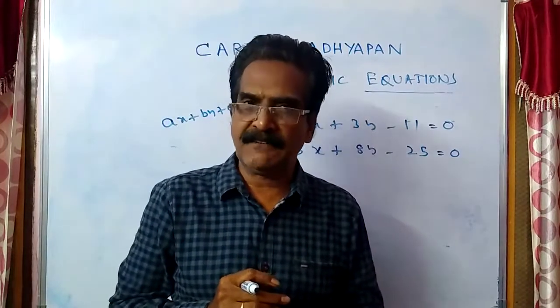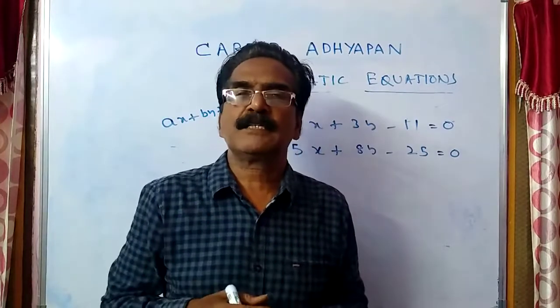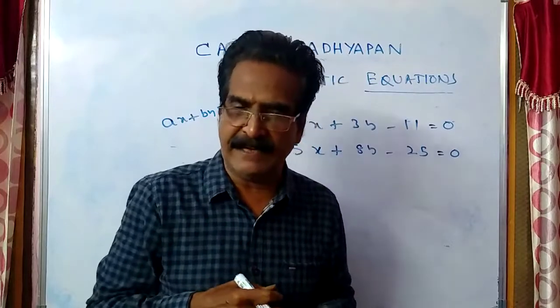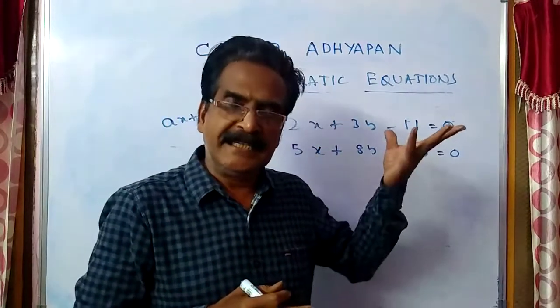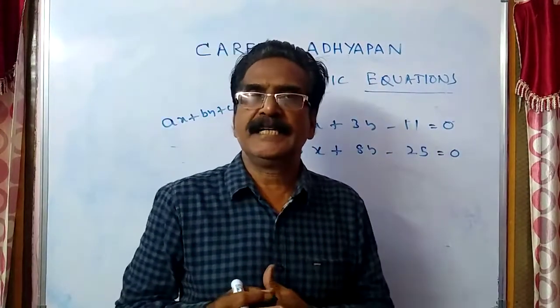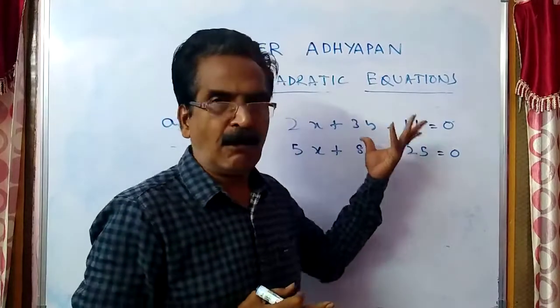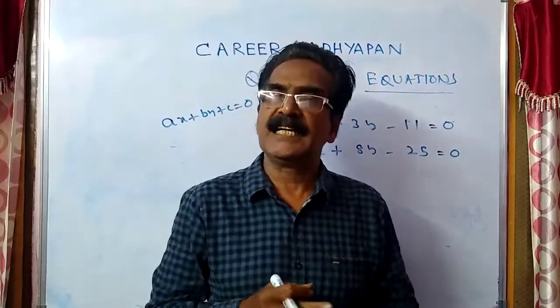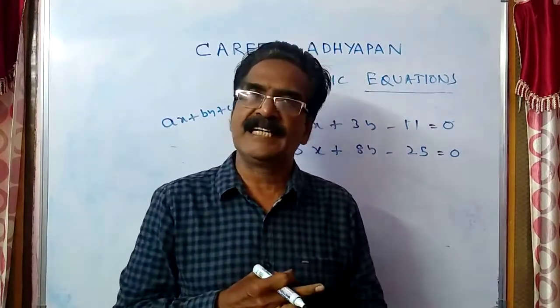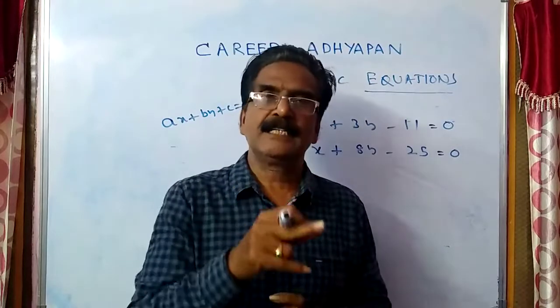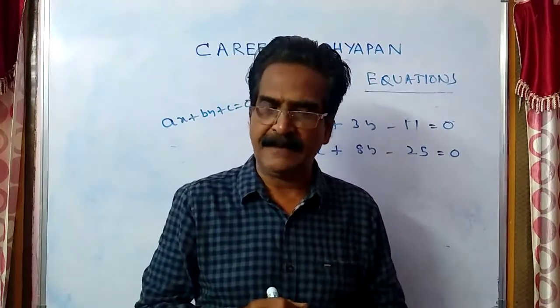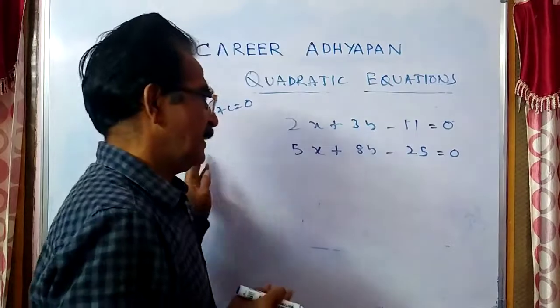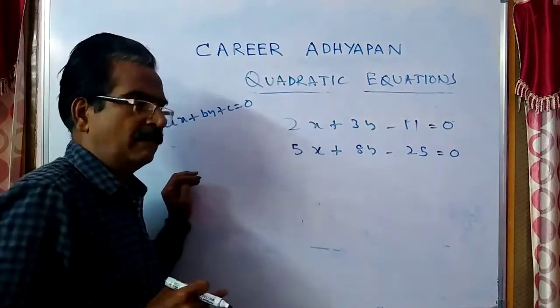You have to establish the relation between x and y. In a traditional way, you can solve these two equations, get the values of x and y, and establish the relation between x and y. But here I tell you the simple way.